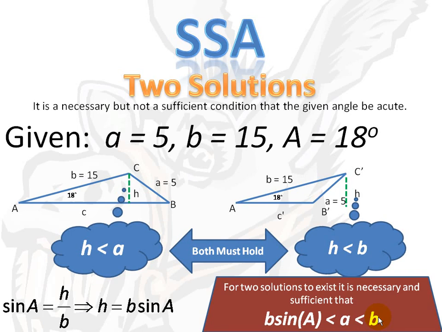Now, we really didn't talk about the fact that A has to be less than B. We just talked about that B sine A has to be less than A and it has to be less than B. But you can see clearly from these drawings that, yeah, A would have to be less than B. If you look at this, consider if A were greater than B. Well, if A were greater than B, then you could not do what I did here.